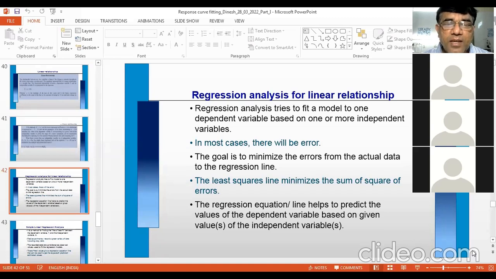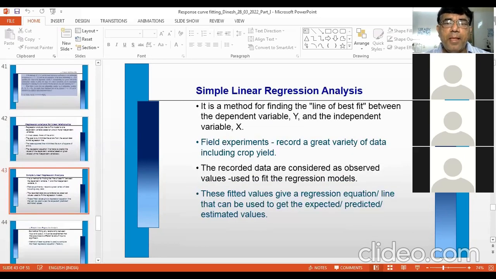The least squares line minimizes the sum of squares of errors. The regression equation or line helps to predict the values of the dependent variable for a specified value of the independent variable. So this is your regression analysis for linear relationship.